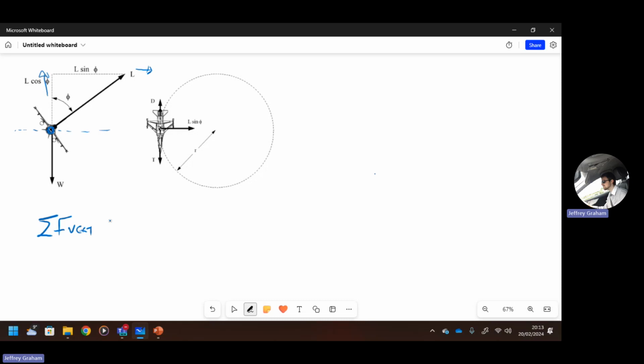So upwards, we've got a lift component because of the bank angle. This Greek letter phi here is the angle of bank. And the cosine comes from just using basic trigonometry. Right angle there, lift being the hypotenuse. This is the adjacent, so the cosine. This one being the opposite gives us the sine of the angle.